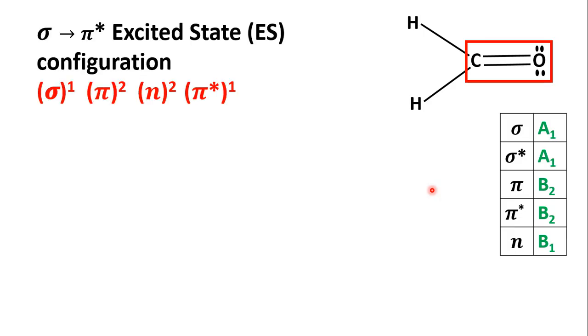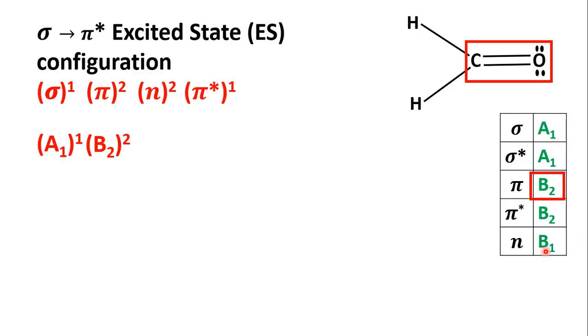Now we will come to the sigma to pi star excited state. That is, 1 electron present in the sigma molecular orbital has moved to the pi star antibonding molecular orbital. The other two electrons present in the pi remain as usual. The other two electrons present in the non-bonding molecular orbital remain as usual. The symmetry of sigma is A1. The symmetry of pi is B2.